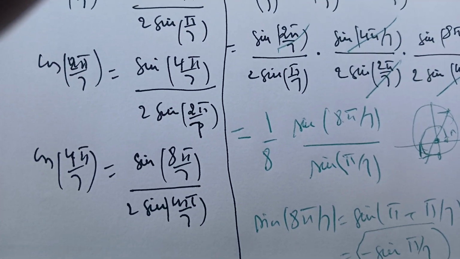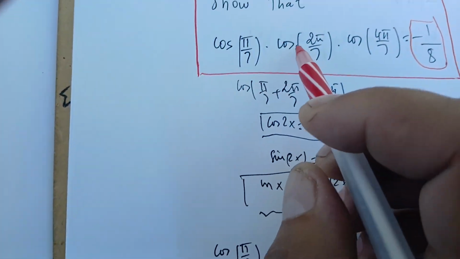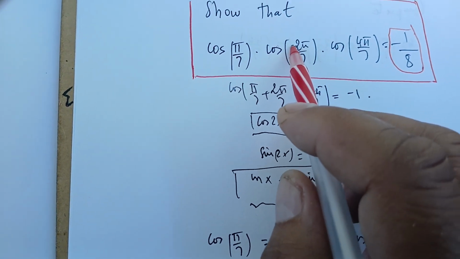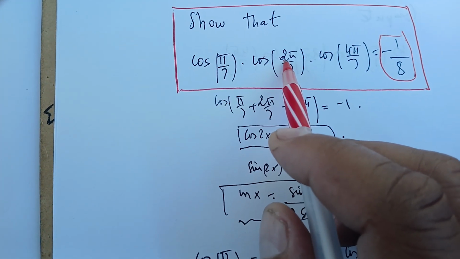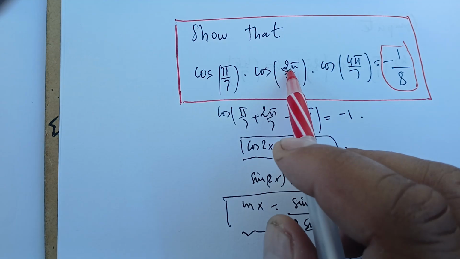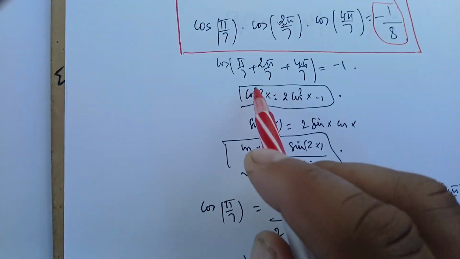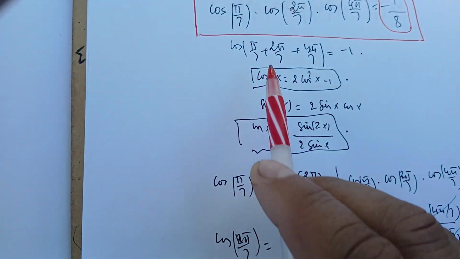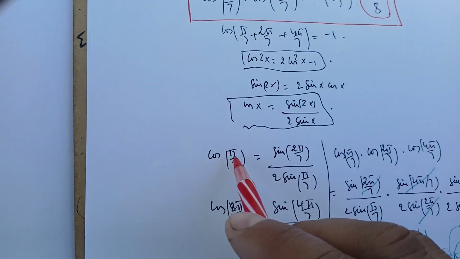The problem comes with the cosine approach. If we want to work with the cosines directly, it's going to take longer.